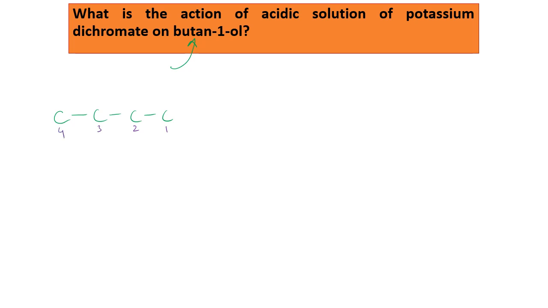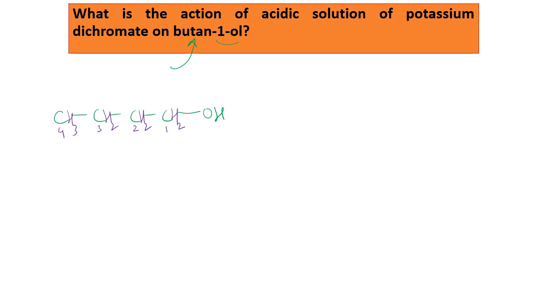Number it, and then as per the number you start putting the groups. Then you put 1-ol, that is alcohol is present on the first carbon, so I am putting OH on the first carbon. Then I will balance the 4 valencies of each carbon by putting hydrogen. So carbon number 1 gets 2 hydrogens, 2 gets 2 hydrogens, 2 hydrogens here, and 3 hydrogens.